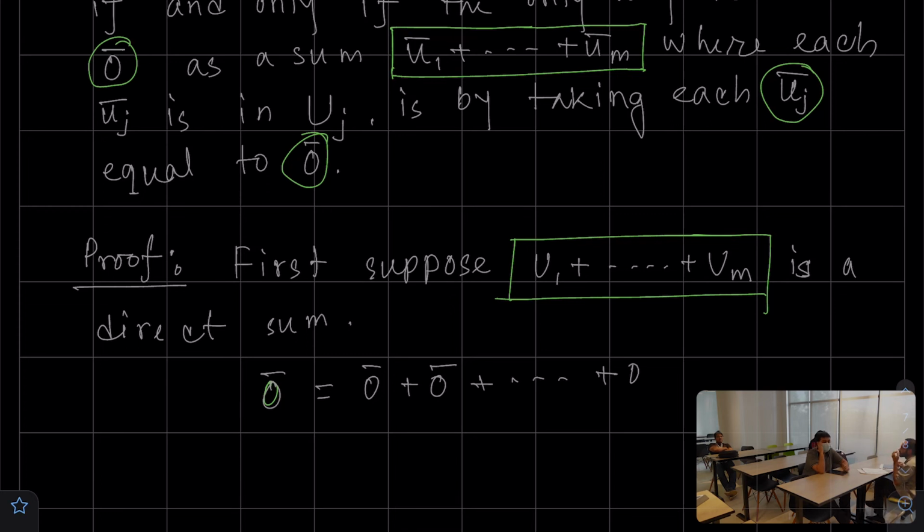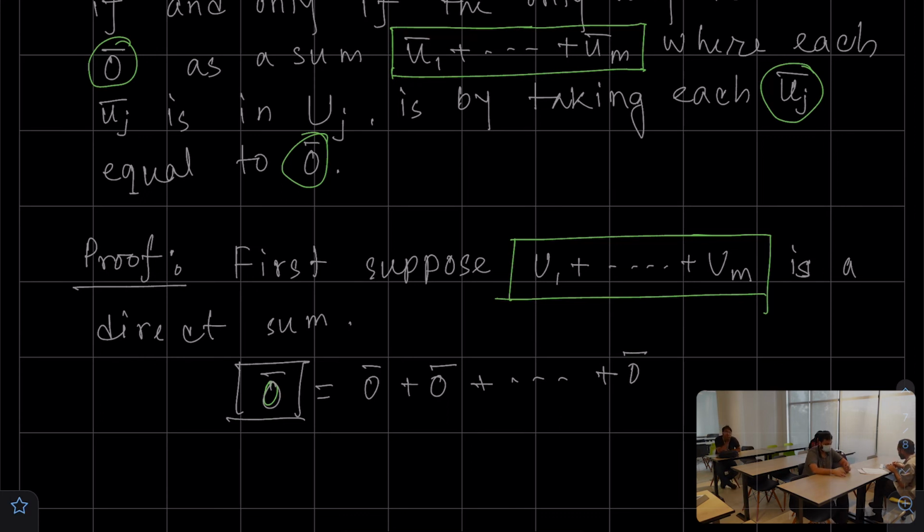Is it necessary that it has to be zero? The condition is that the sum should be a unique sum, right? But not necessarily all of them have to be zero? Yes, it has to be zero, because otherwise you cannot prove that there is only one representation for zero. Unique representation when we are considering the direct sum.